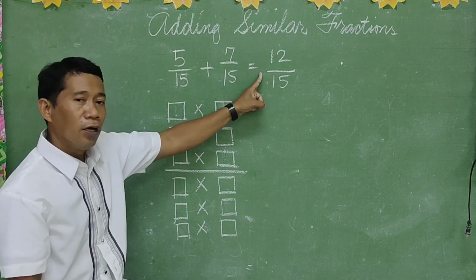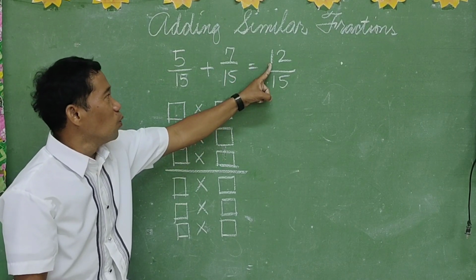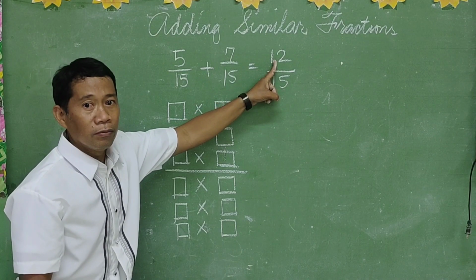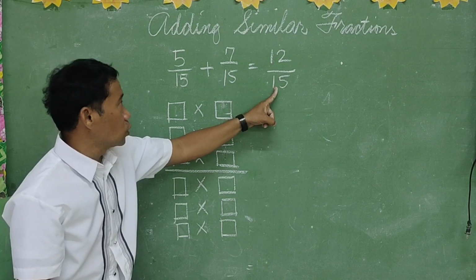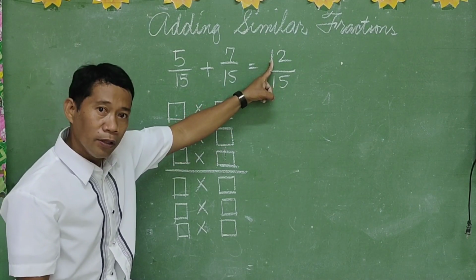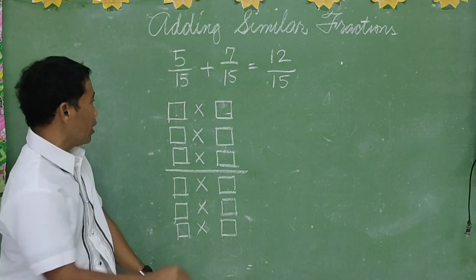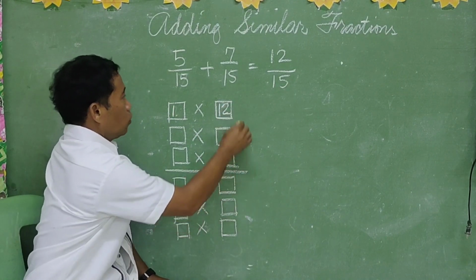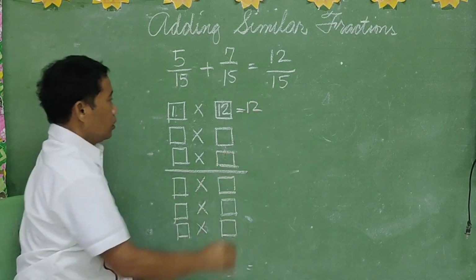To check that one, we are going to know what are the factors of 12 and 15. So what are the factors of 12? I am going to give you an example for that. 1 times 12 equals 12.